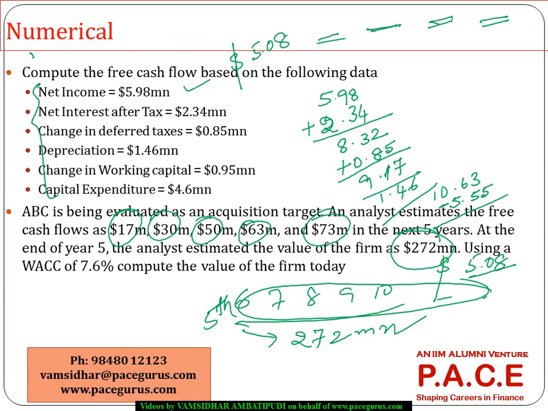So for an effective takeover, I will look at this value of the combined firm to be around 368, or probably the value of the target firm to be somewhere around 368 million, and based on that I'll start my negotiations process. So this is how I use the discounted cash flow valuation mechanism to find out what is the value of the merger transaction.